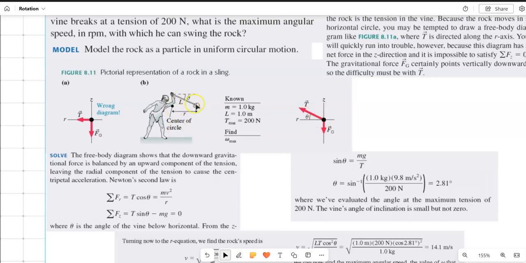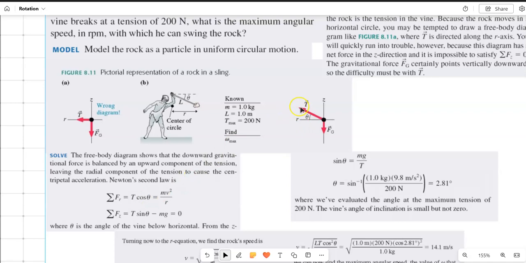Since the rock is slightly below the horizontal, that tension string is going to be pointing up above the horizontal, which means that tension is pointing radially to the left, and it's also accelerating to the left. So this is negative T cosine theta equals negative m v squared over r.